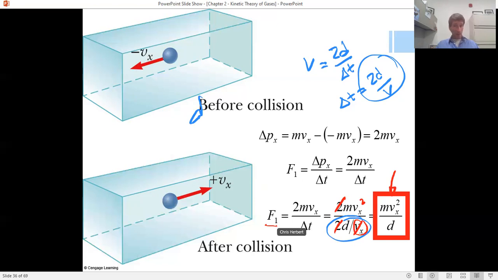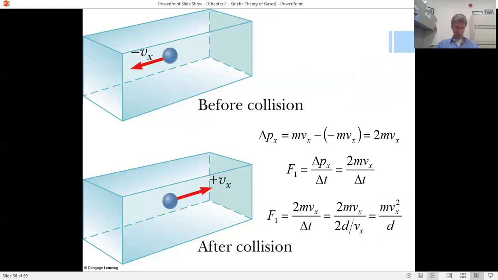Force is proportional to pressure, right? Pressure is force divided by area. So we see that there's going to be a relationship between the temperature and the force on the walls, which of course is related to the pressure on the wall. So we're getting closer to this ideal gas law.